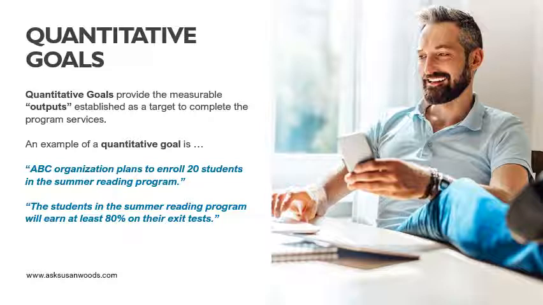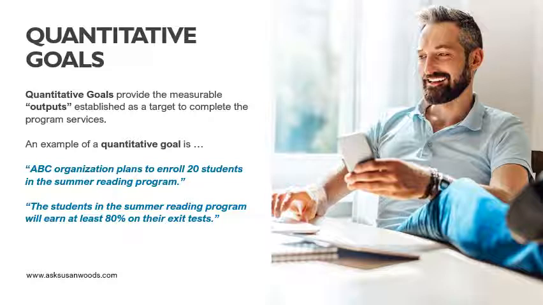But if you said ABC organization plans to enroll 500 students in the summer reading program, and then they look at your program description and they see that you only have 4 people employed, they know that is not feasible, and therefore they will not give you money. Nobody is going to invest money in a failing organization or an organization that has goals that are not reasonable.